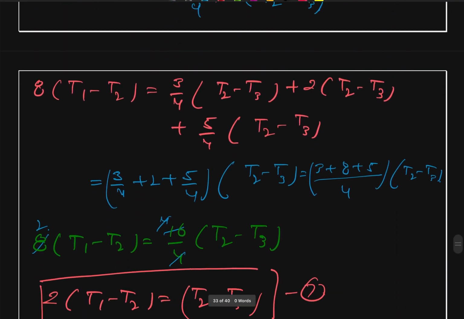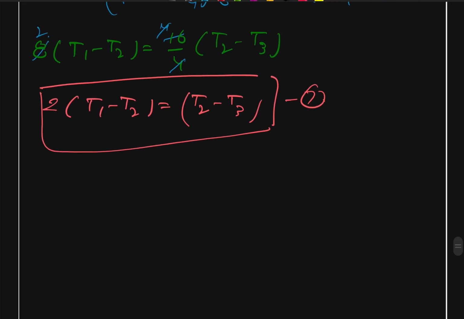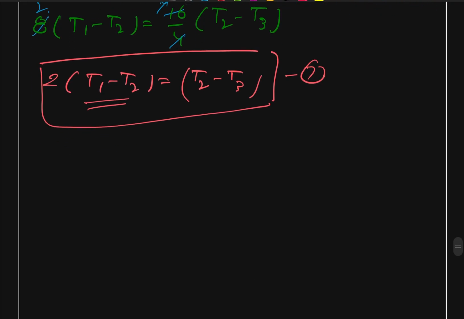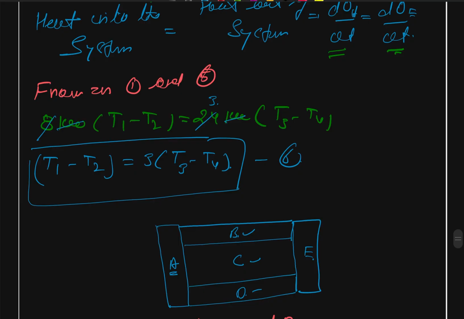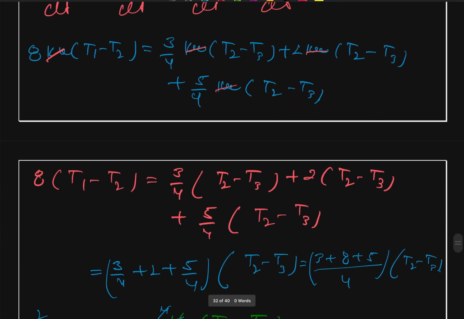We can substitute T1 minus T2 in this part, so using equation 6, we can put T1 minus T2 is equal to 3 times T3 minus T4.